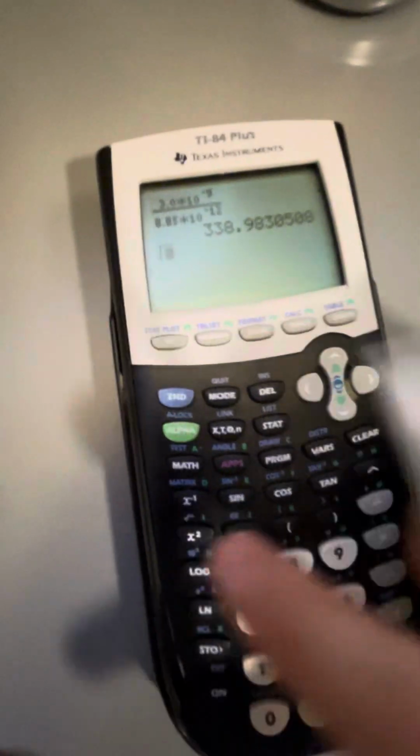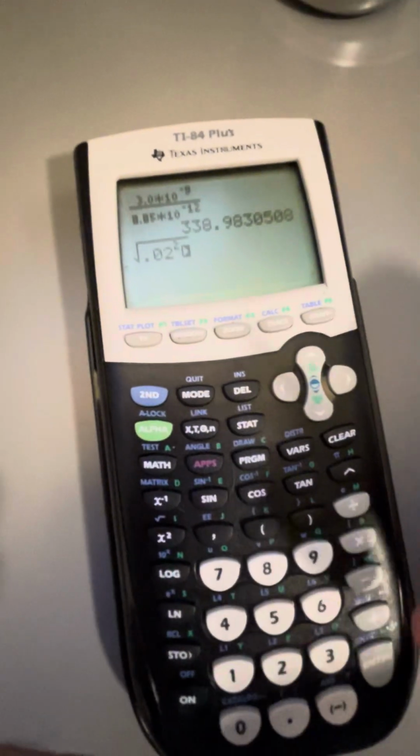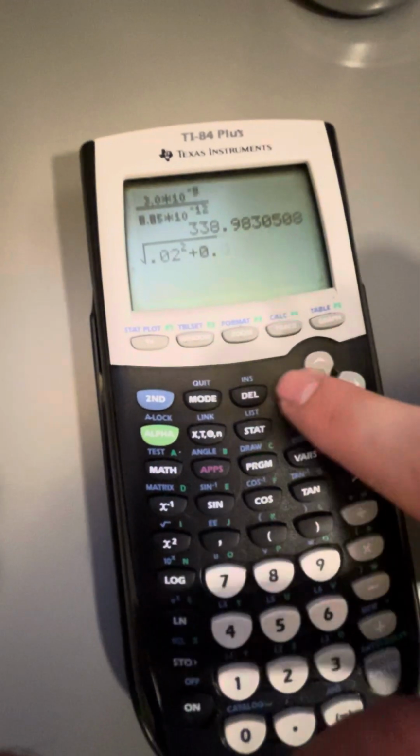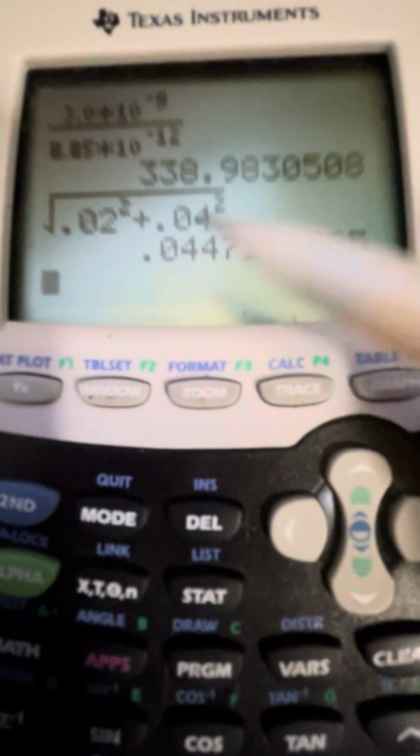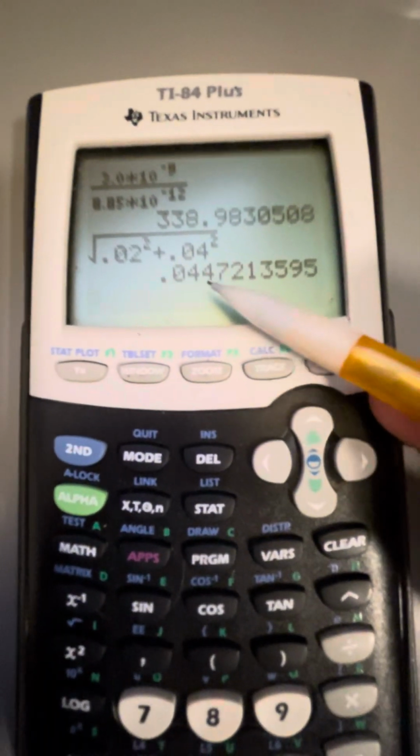So D2, take those values and square them, or the square root of those squares. 0.02 squared, 0 is just 0, and 0.04 squared, and that is just barely less than 0.05, but nonetheless it checks out.